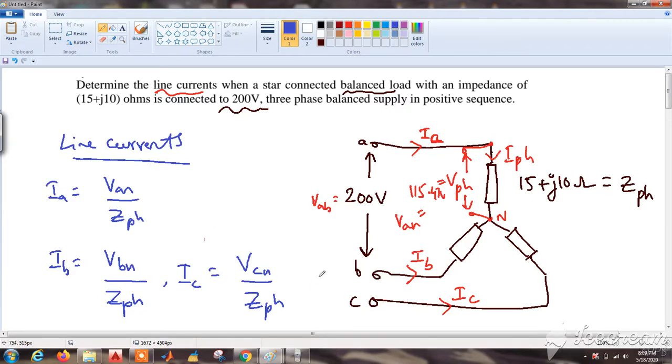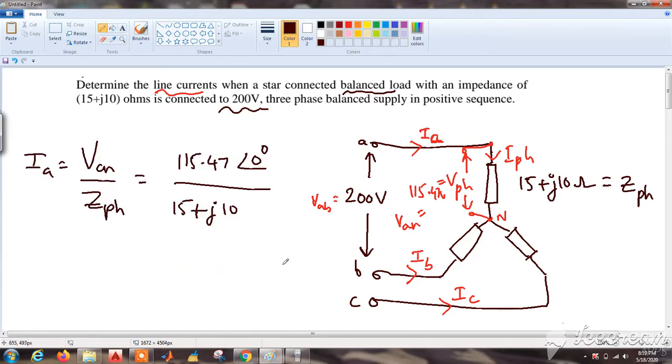Now let us calculate all of them. They will be the same in magnitude because it is a balanced system, but they will have a phase difference of 120 degrees each. Let us calculate. IA is equal to 115.47 angle 0 degrees divided by 15 plus j10.